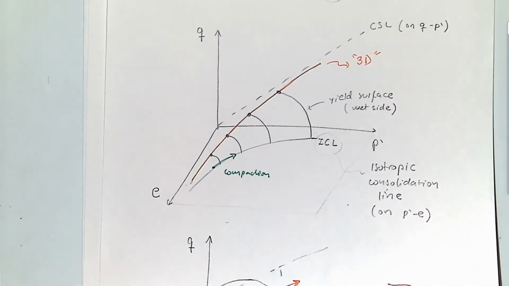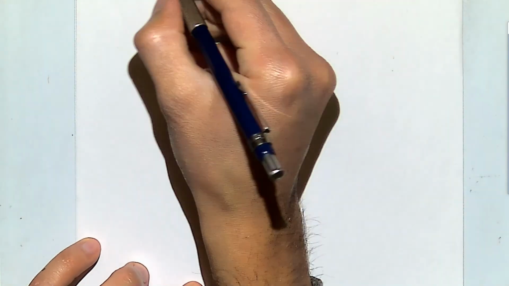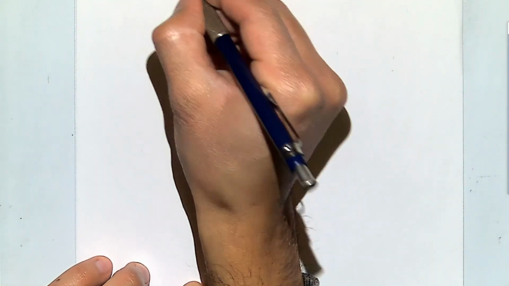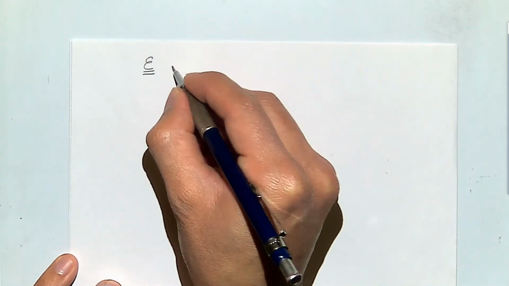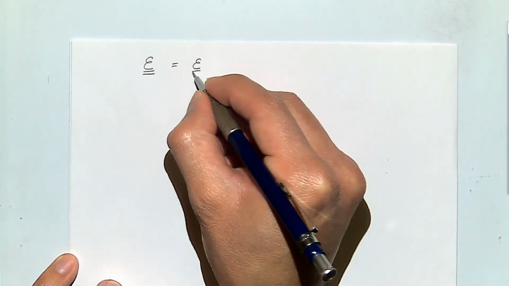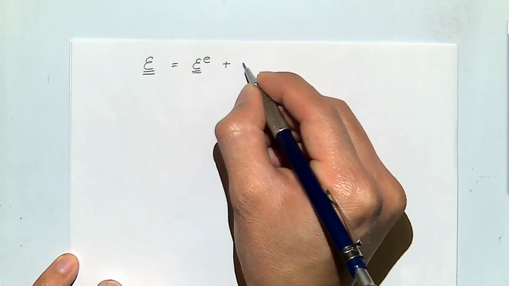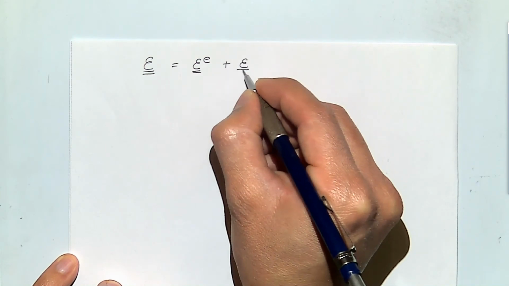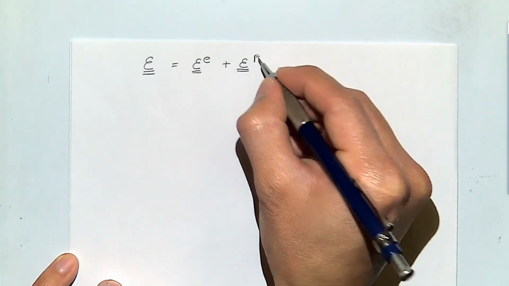Okay, so let me summarize this with the equation. At the end of the day, all we want to do is calculate the total strain, where the total strain, as we assumed before, is the summation of the elastic strain and the plastic strain.